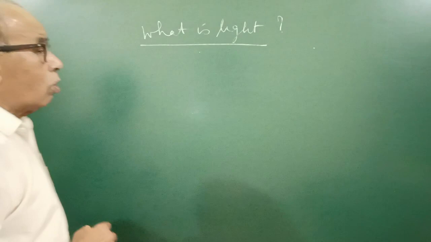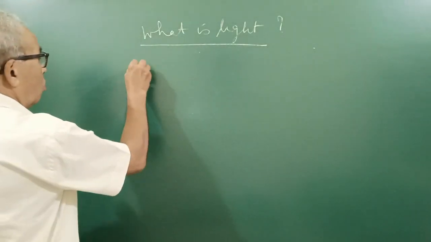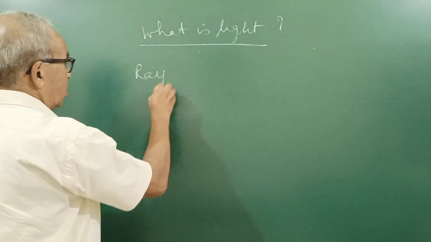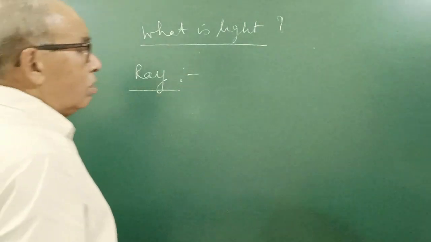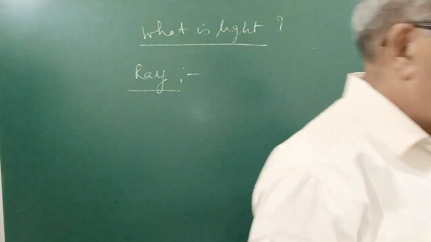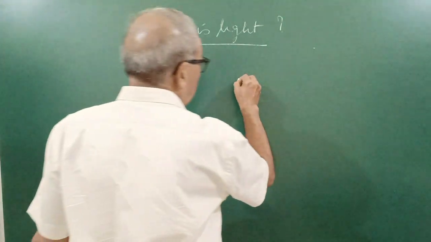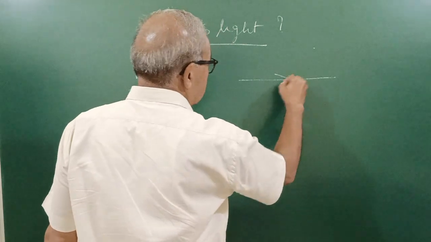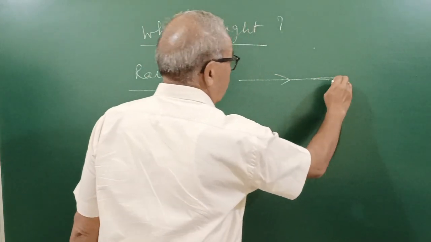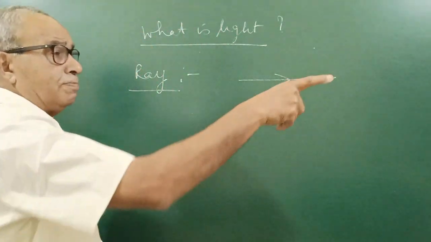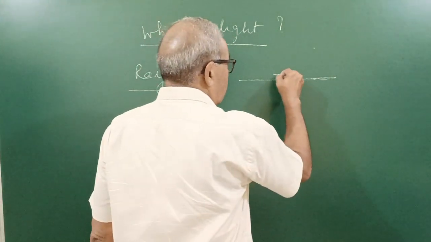Now, why is it called ray optics? What is a ray? Actually, we show the path followed by light by a line with an arrow. This is the path followed by light. We imagine the light going this way, and then we put the arrow.